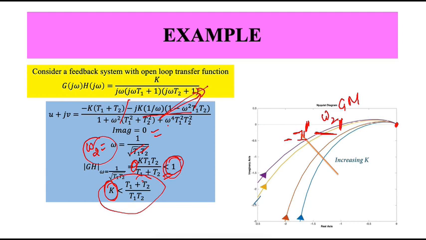So t1 plus t2 by t1 into t2, what we defined earlier, this distance was 1 by a. What is 1 by a here? It is k t1 t2 by t1 plus t2, correct? So we just get the inverse of that.